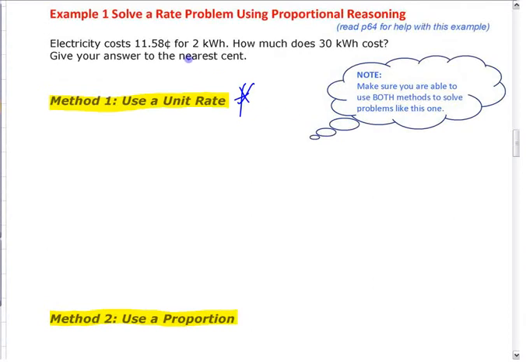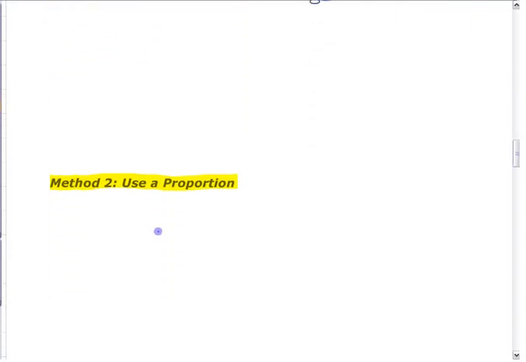I think some of you are going to like the proportion way of doing it and saying, if that's true, then what about this? You should probably start by saying dollars, kilowatt hours. So it says, or cents, I guess it's in cents, isn't it? It's 11.58 cents for 2 kilowatt hours.